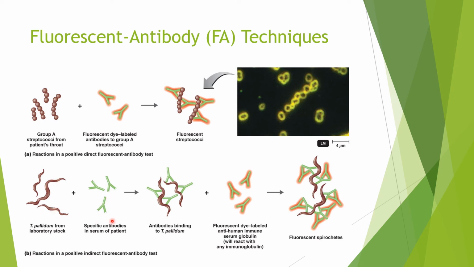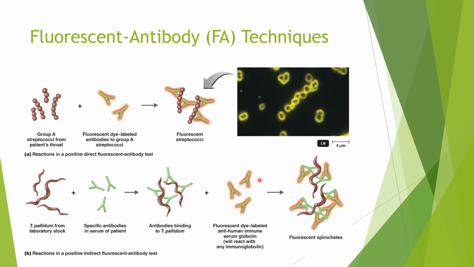Another way of doing it is we take a bacterial sample and then we add the patient's serum to it. If the patient does have this specific infection, the patient is going to have the antibodies. Now, the antibodies we produce are definitely not fluorescent antibodies, and so if the antibodies indeed bind to those bacteria, we can't really detect that because we can't see it.